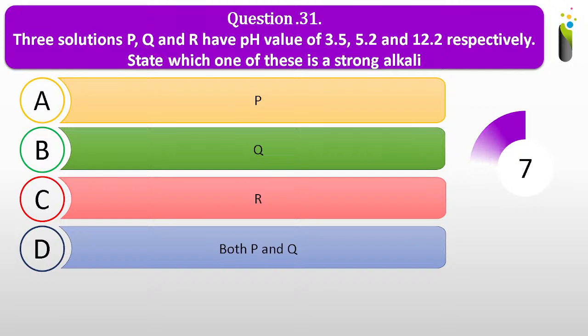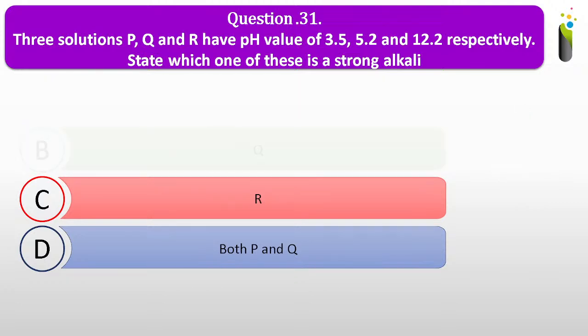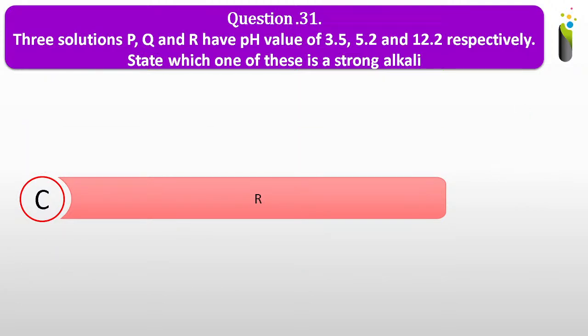And the correct answer for this question would be 31C. That is R with the pH of 12.2. Definitely is a strong alkali. Anything above 7 is an alkali. So pH 12.2 is certainly a strong alkali.